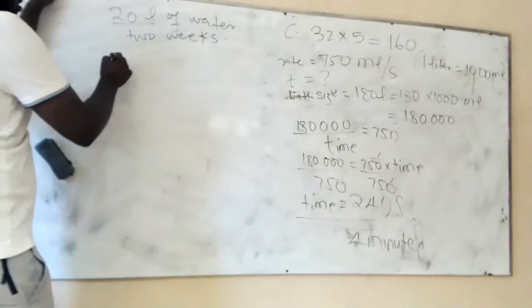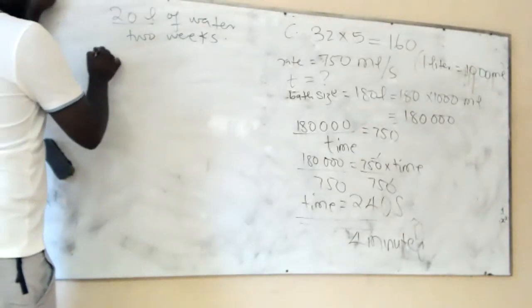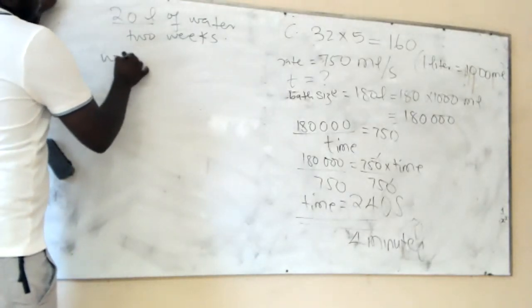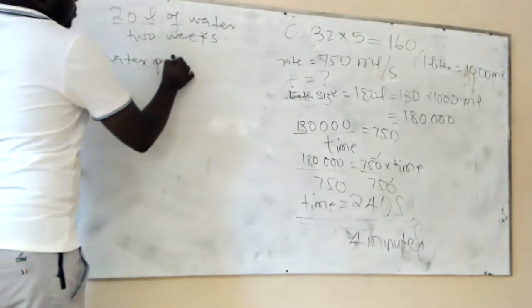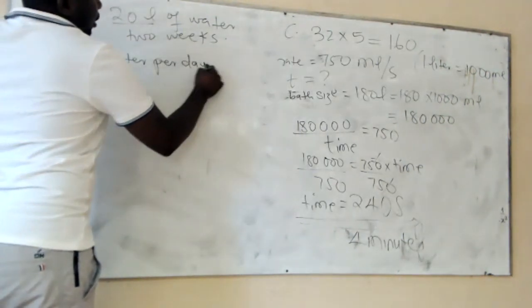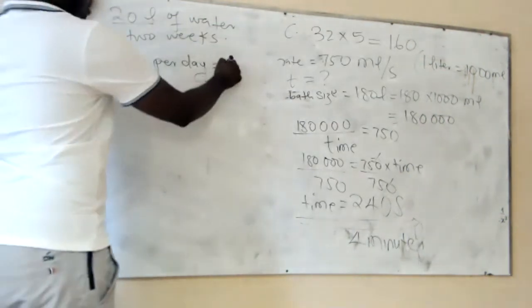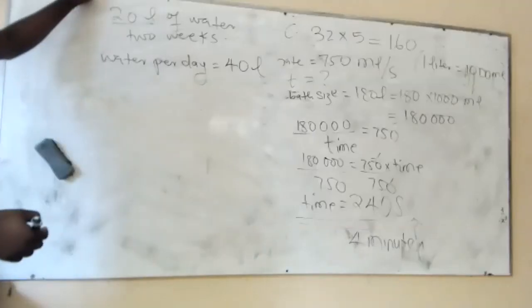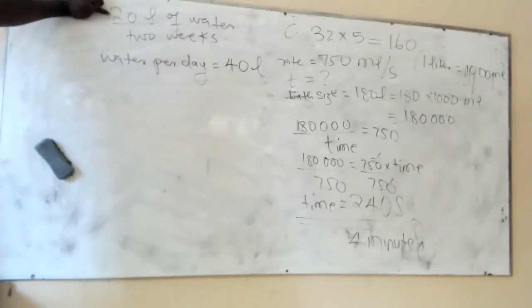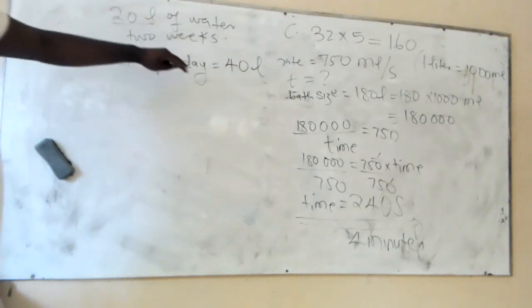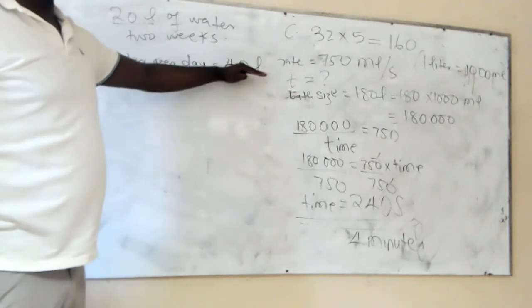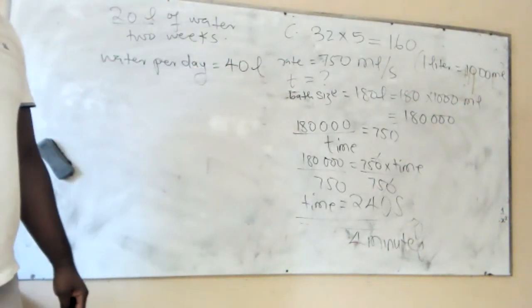So how much water is he carrying per day? It's 40 liters, right? Yes, because it's 20 liters in the morning and 20 liters in the evening. So in a day, this person will be carrying 40 liters. Is that clear? Yes. All right.